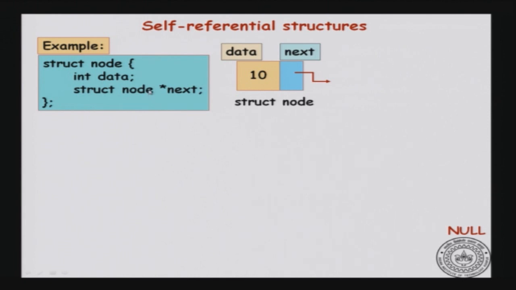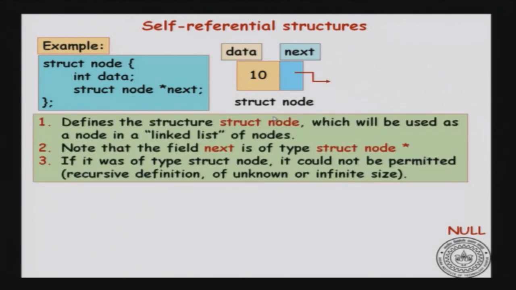In that sense it refers to some other object of the same type, so it is called self-referential. An example would be where the data field has 10 and the next field points to something else which should be a struct node.